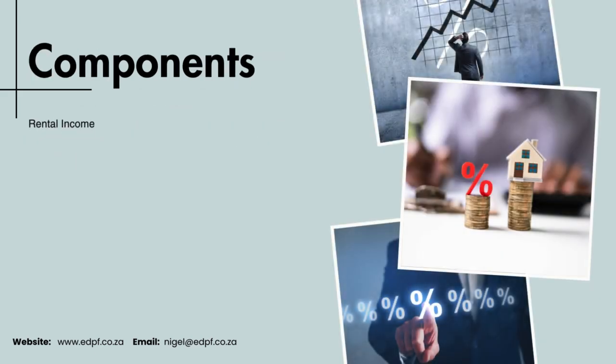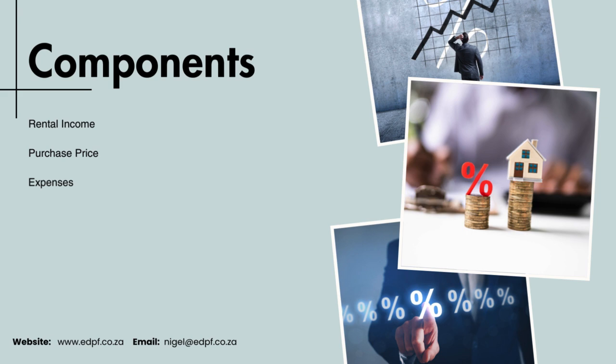To understand the calculation, it's essential to grasp the key components of property investment. First of all, rental income. This is the gross income you receive from renting out the property, which can potentially include operating and municipal recoveries as well. The purchase price, the amount paid to acquire the property, possibly also adding in transfer costs and potential renovation costs.